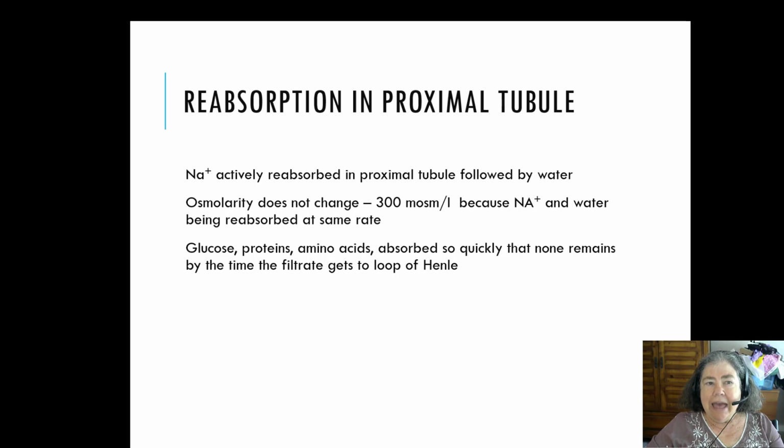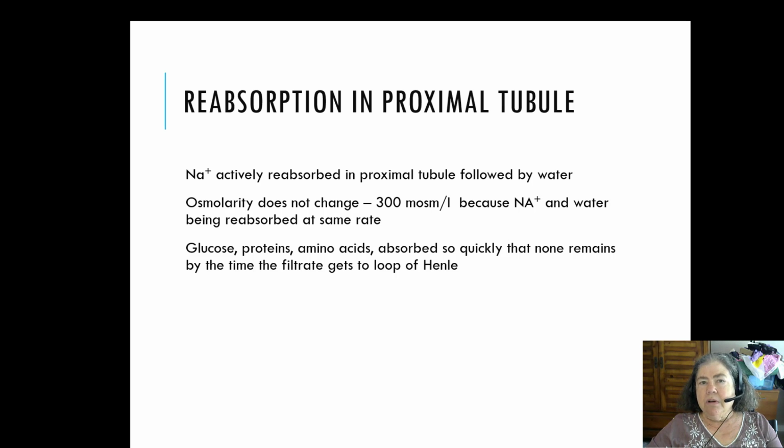So by the time the filtrate reaches the end of the proximal convoluted tubule, convoluted just means it's twisty in shape, everything here is reabsorbed: glucose, proteins, amino acids. So by the time that filtrate gets to the loop of Henle, there is no more glucose.